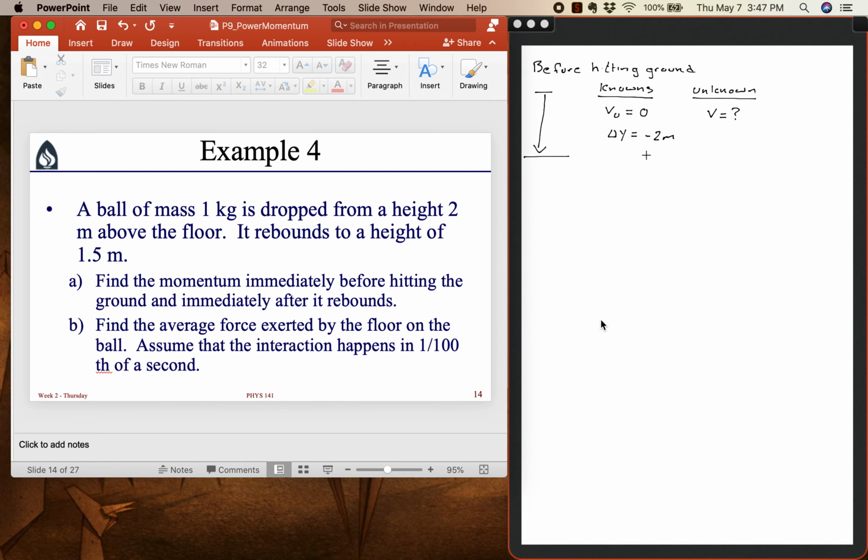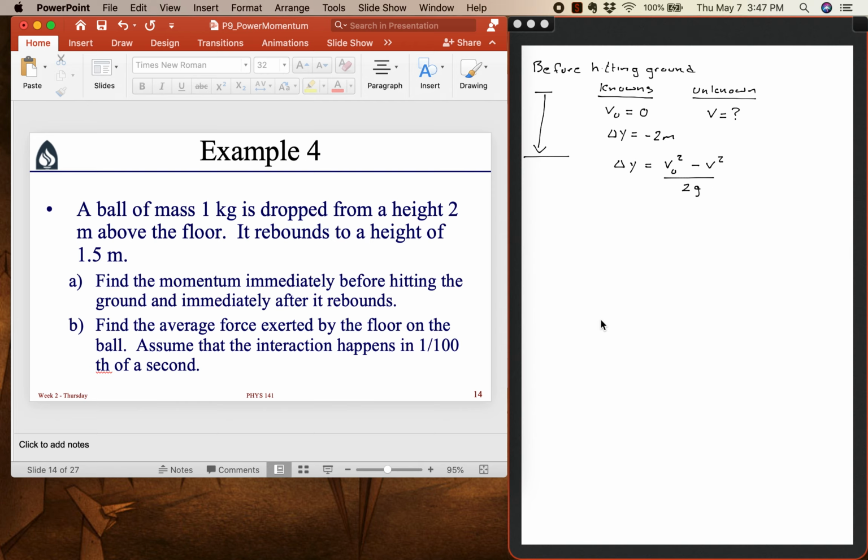So if I look at my free fall equations, I think I'll use the one that says that delta y is equal to v naught squared minus v squared over 2g. And I want to solve that for the final velocity.